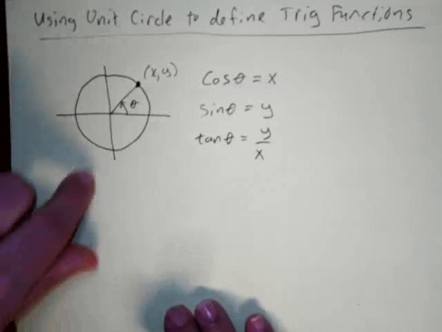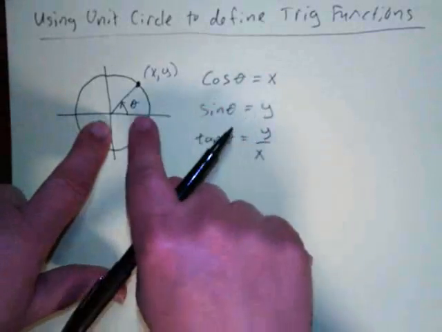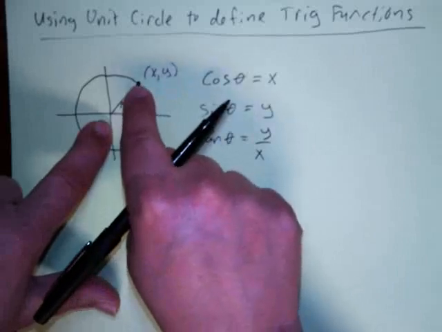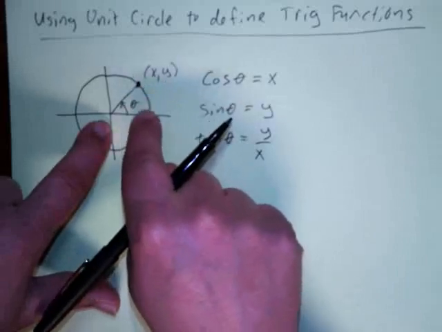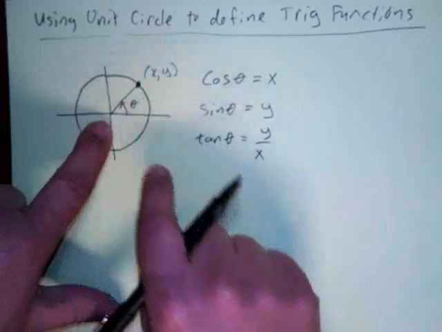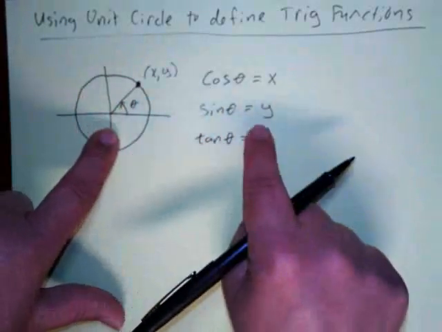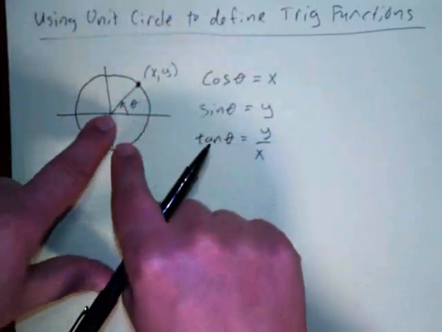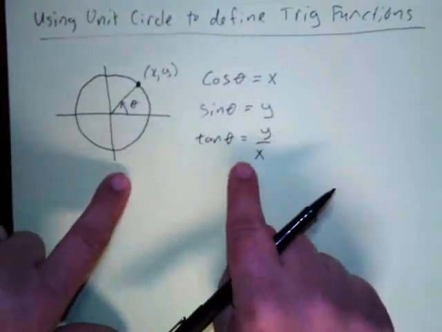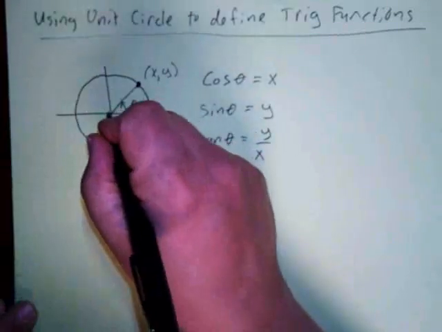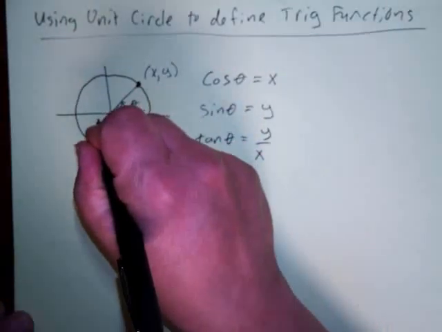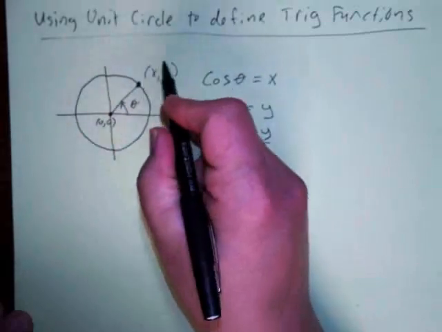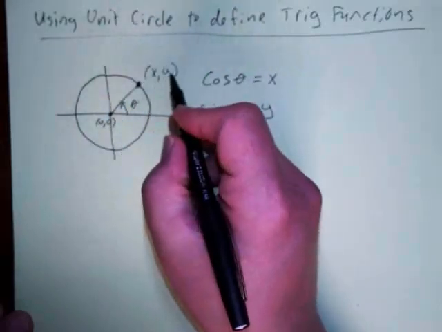One way to think about this is that the cosine of theta is the horizontal component of this point. It's that x-coordinate. The sine of theta is the y, the vertical component of the point as it goes up and down. Now the tangent of theta, this is interesting. If you consider the origin, there's a line going through (0, 0) and (x, y).